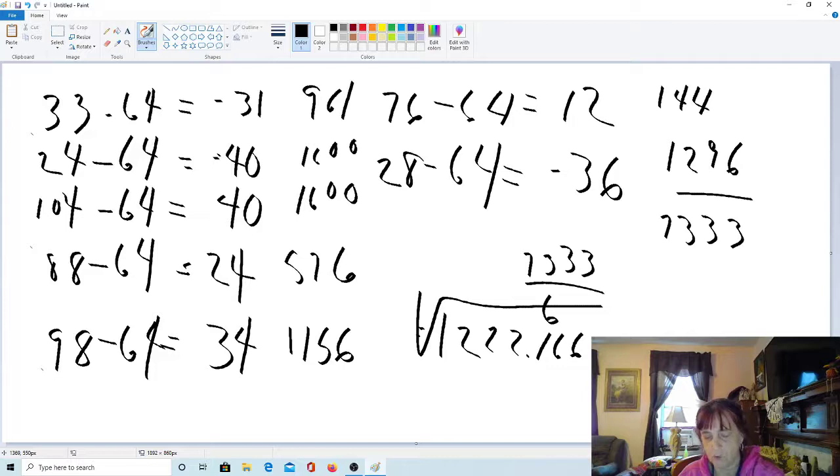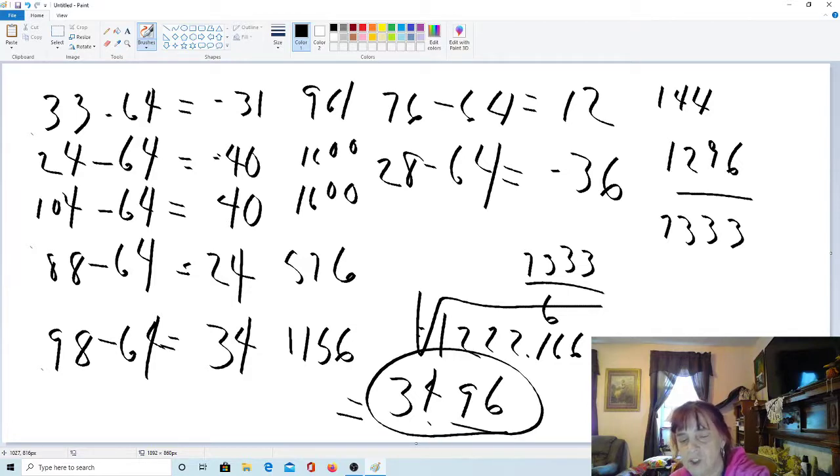And you get 34.96. Okay, that's your standard deviation. You always take the square root as your final step.